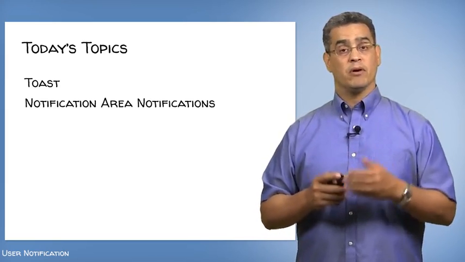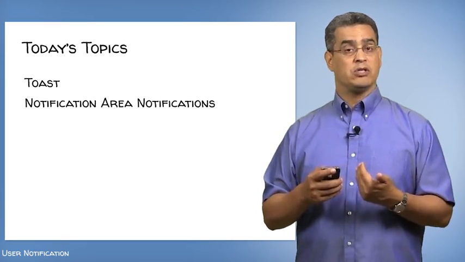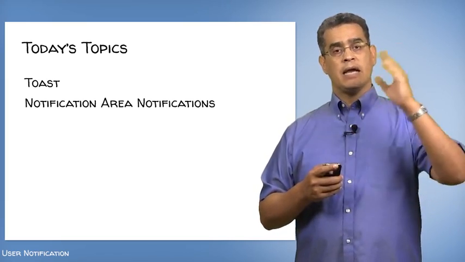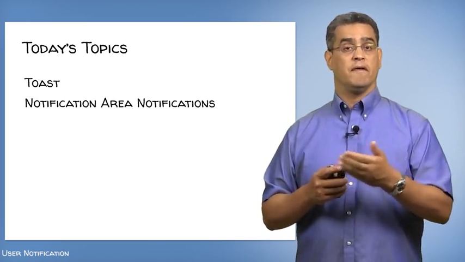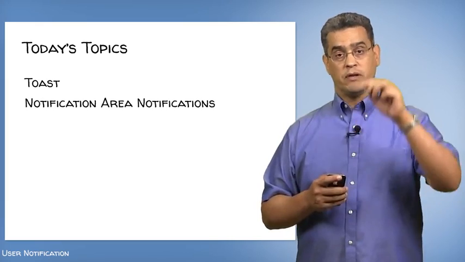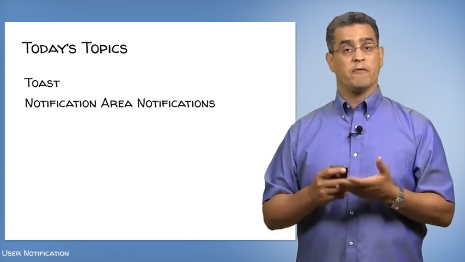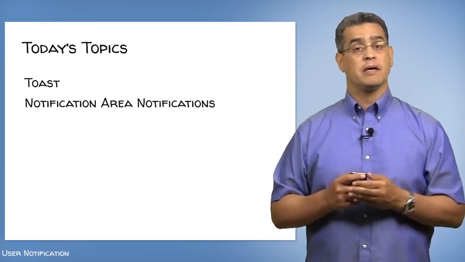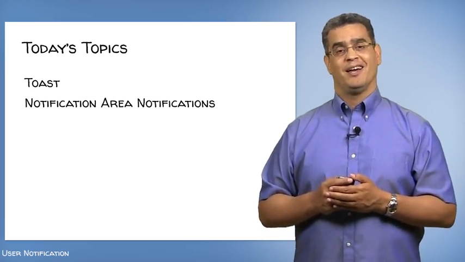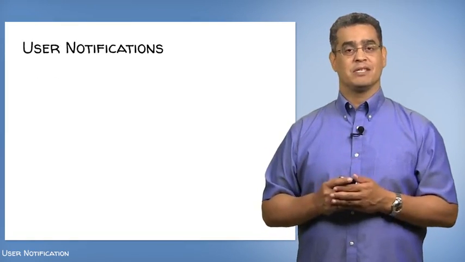And you might remember that when the MMS message actually arrived, an icon appeared at the top left of the phone. And the user could then pull down on the notification area to expose more information about that incoming MMS message.